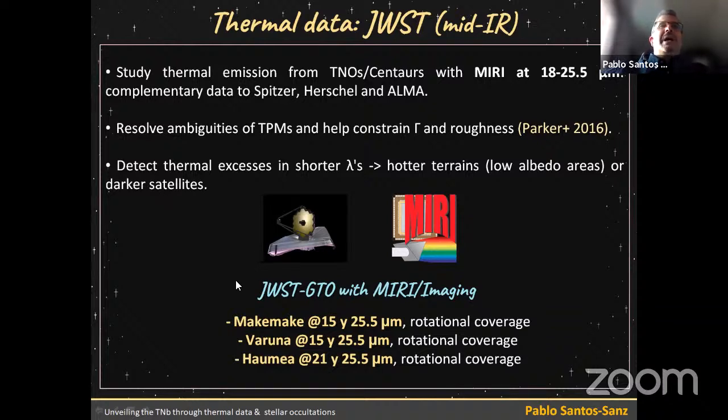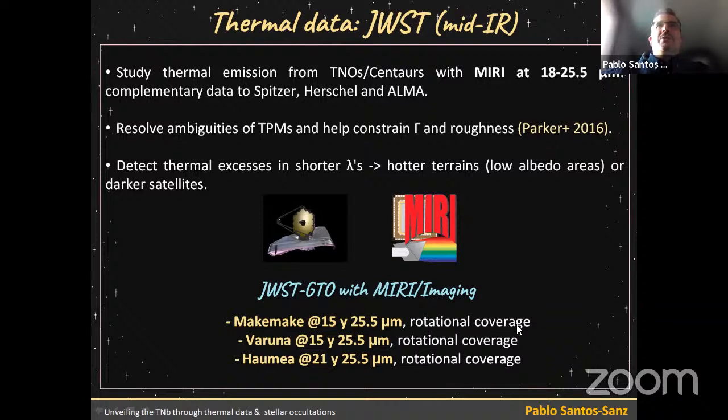Well, there are at least 3 objects that will be observed soon. Soon, I mean in this Cycle 1 of JWST, within a GTO using MIRI imaging, and these are Makemake, Varuna, and Haumea that will be observed at these MIRI wavelengths, with a rotational coverage.